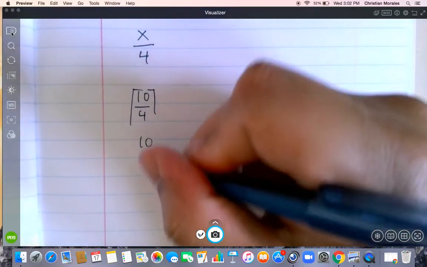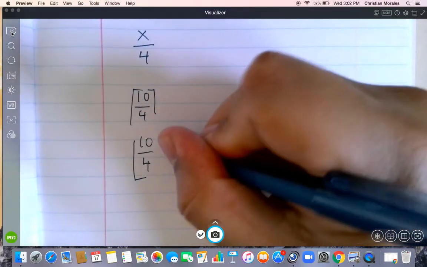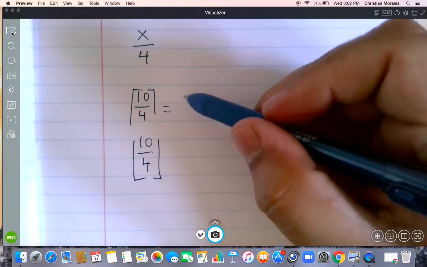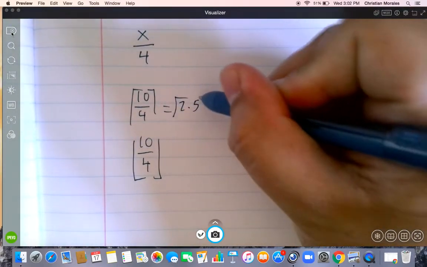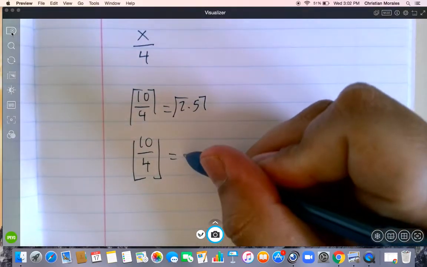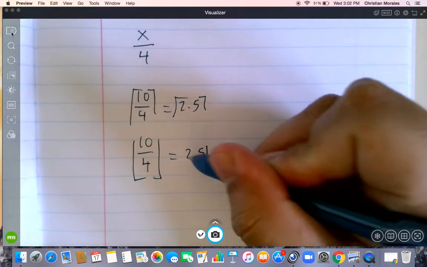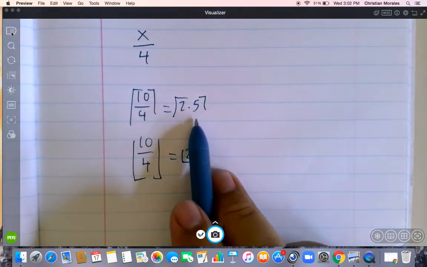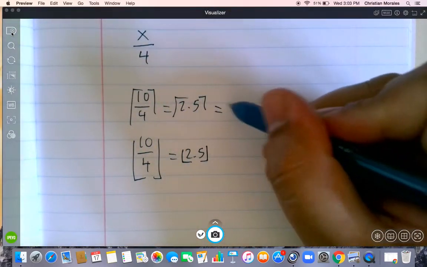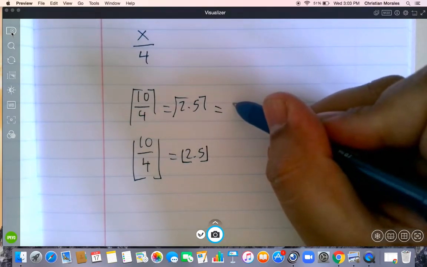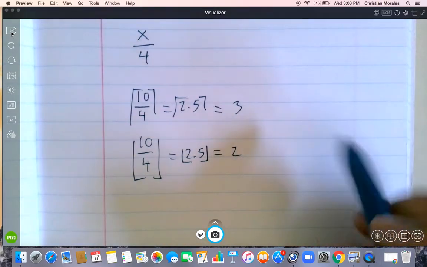If I do this or this, here's what we're dealing with. This would be 2.5. Now, this is supposed to represent how many cars we have. So this would be 3, this would be 2.